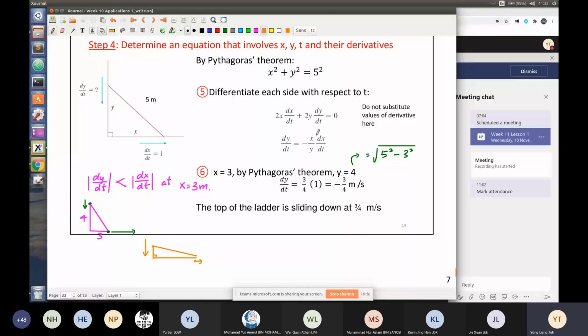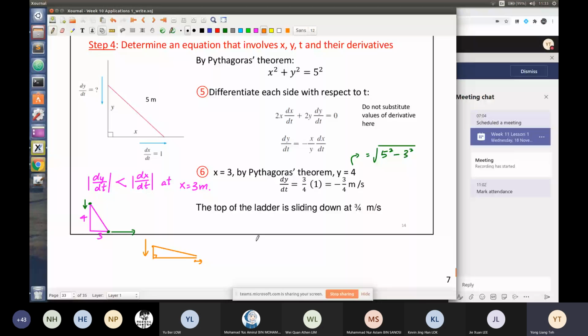Only at that point, in an isosceles triangle, is the magnitude of the sliding in the vertical direction equal to that in the horizontal direction. I think that agrees with our intuition, or at least our observation, of something sliding down when leaning against the wall.